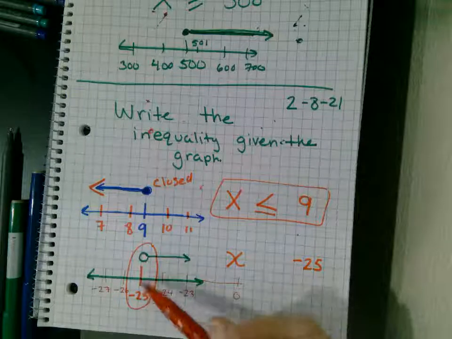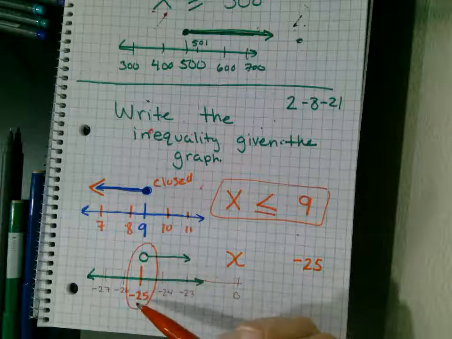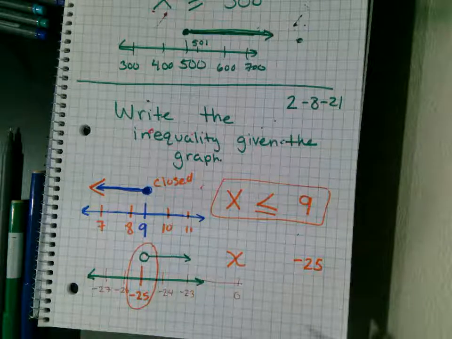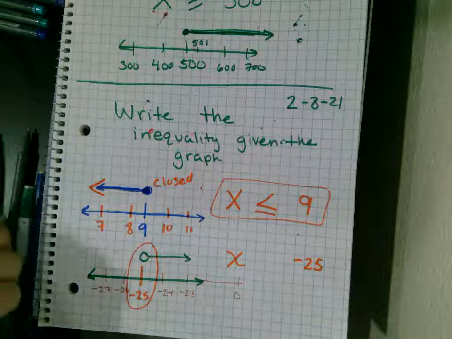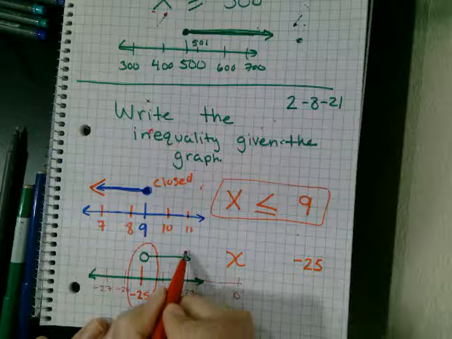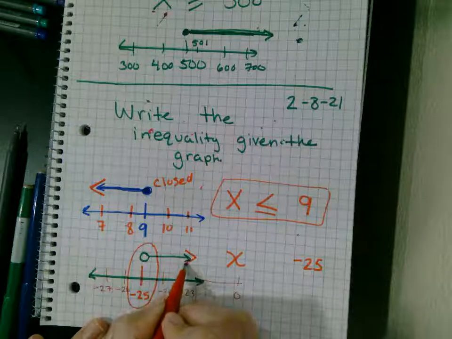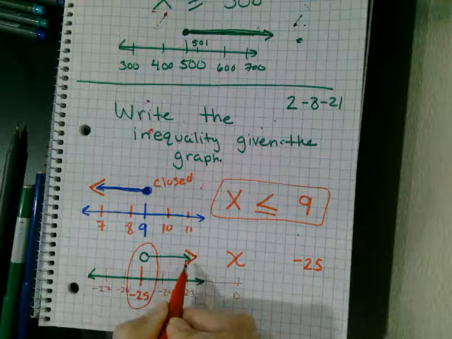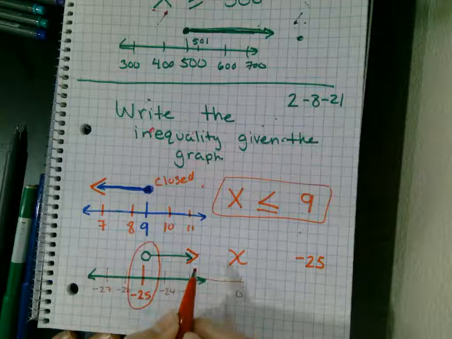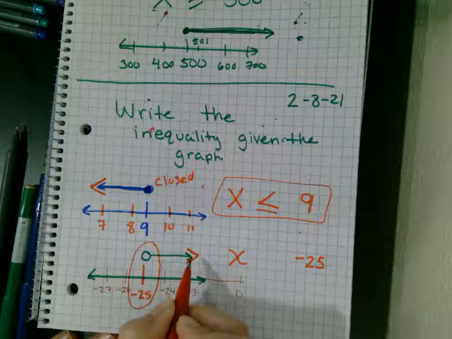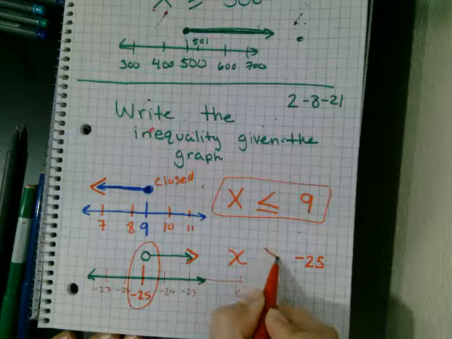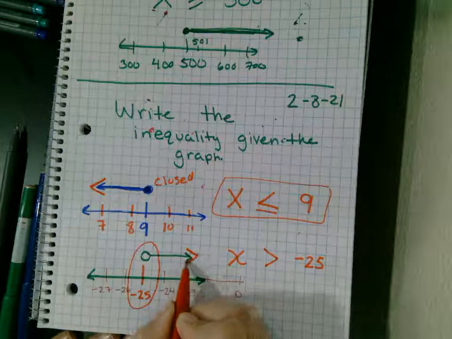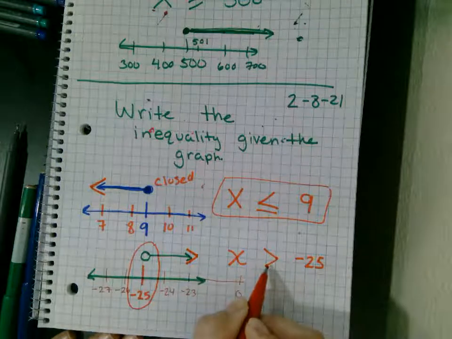Wherever your circle is, that's the number you use. Now you look at the shade. I'm going to draw my arrow. It's pointing to the right. The arrow I drew pointing to the right is the inequality I'm going to use. Transfer it over.